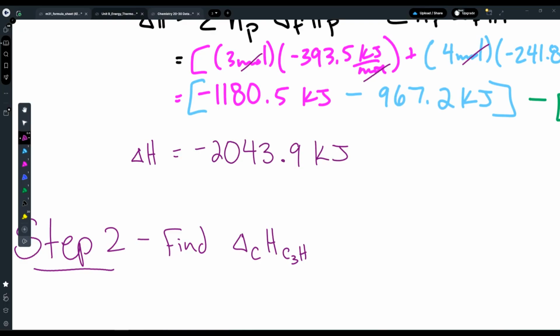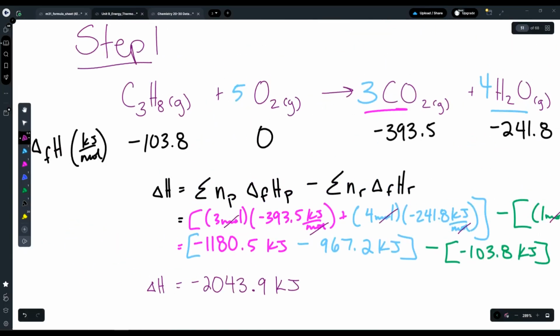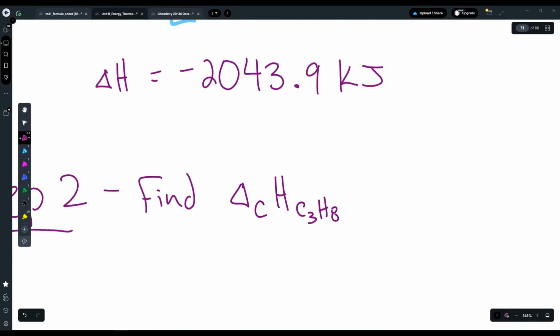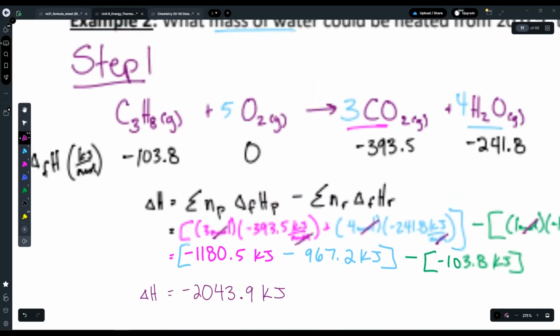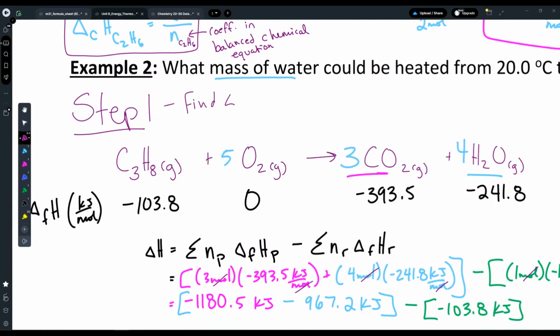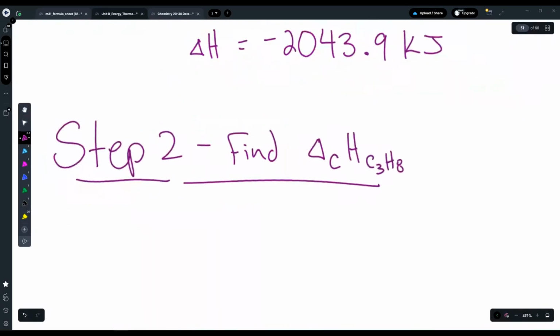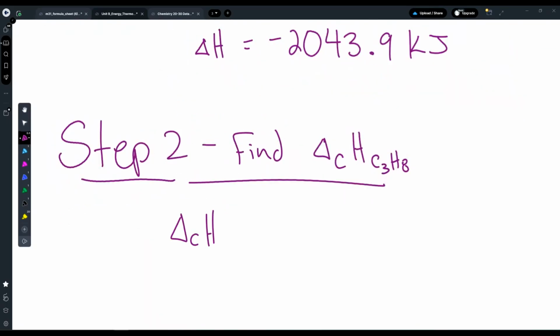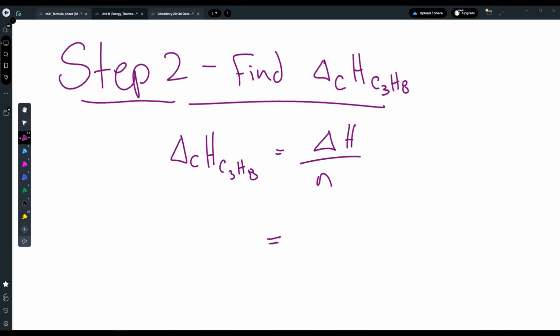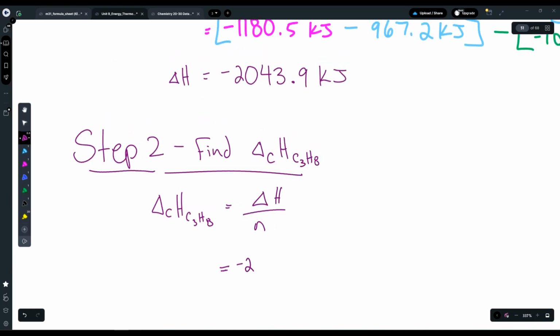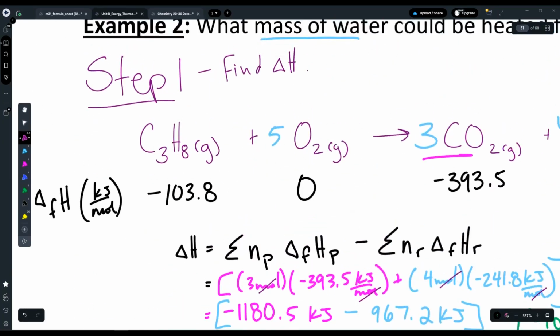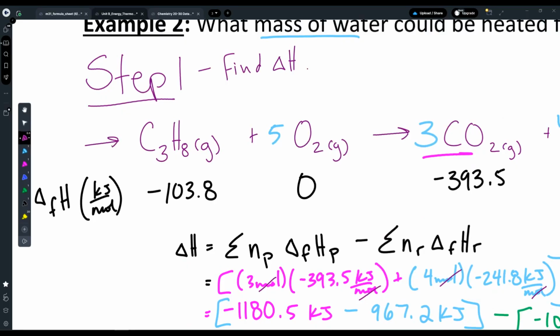So we're finding the change in molar enthalpy for the combustion of propane. So propane just has a coefficient of 1.